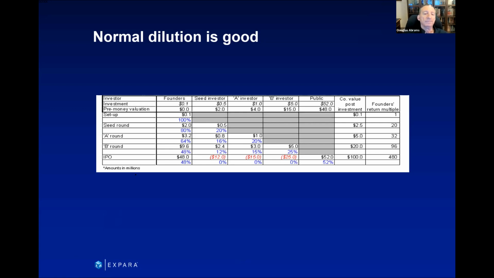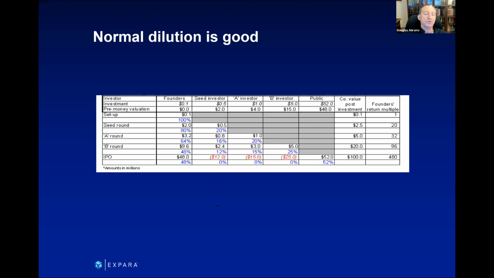So the seed investor who puts in 500,000 gets 20% equity, because 500,000 divided by the post-money of 2.5 million gives them 20%.